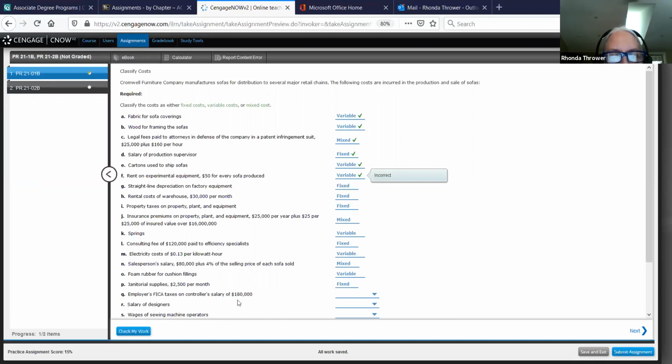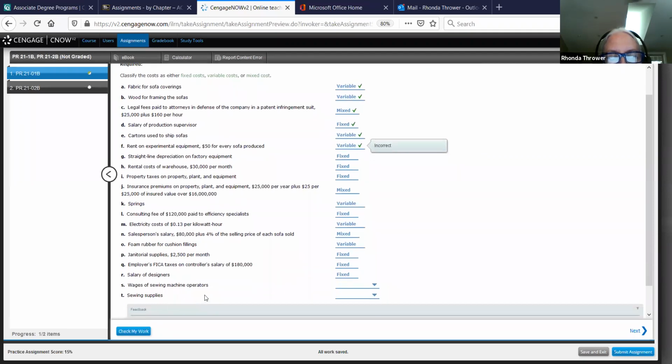Because the controller is making a salary of $180,000, which is fixed, that will mean that the FICA taxes will be fixed on the controller's salary. And then the salary of a designer is going to be a fixed cost.